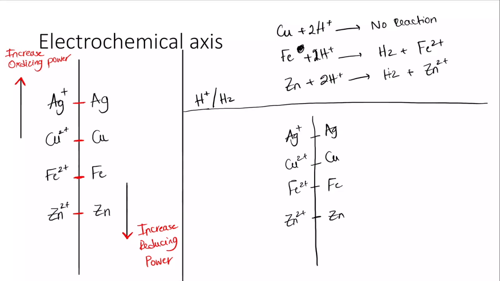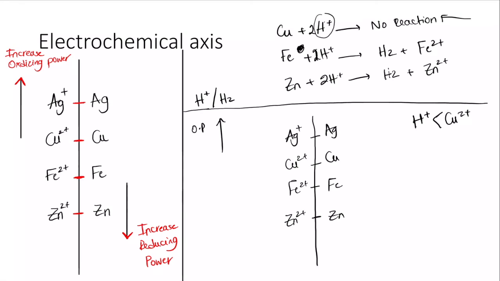Now, as you may notice, H+ has a weaker oxidizing power than Cu2+. Then H+ should be below Cu2+, because the oxidizing power increases upward, and it has a lower oxidizing power than Cu2+ because we don't have a reaction.